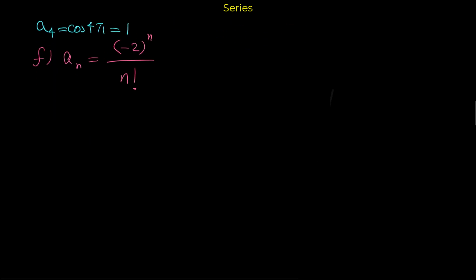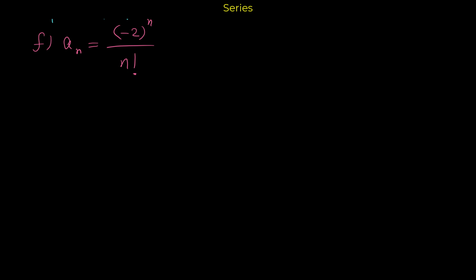The next example is (-1)^n, (-2)^n over n factorial. The first term of this sequence is (-2)^1 over 1 factorial. (-2)^1 is -2, 1 factorial is 1, so it's -2. Hopefully you are familiar with factorial.